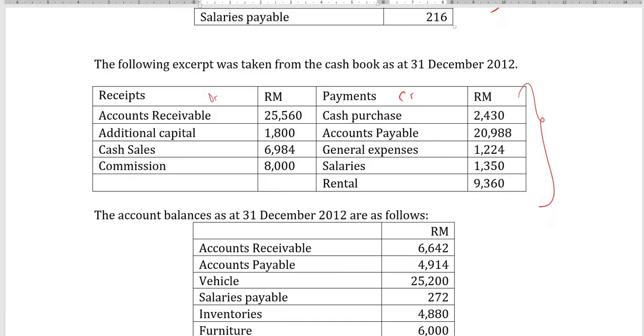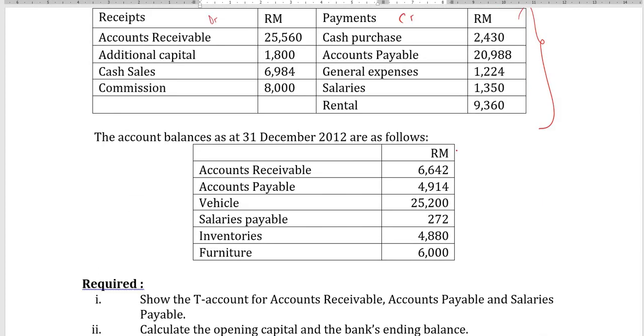Okay, and then below here is your ending balance for your assets and also liabilities. Alright, the question purposely specifically asks for T accounts, so semua adjustment will be done in T accounts form.